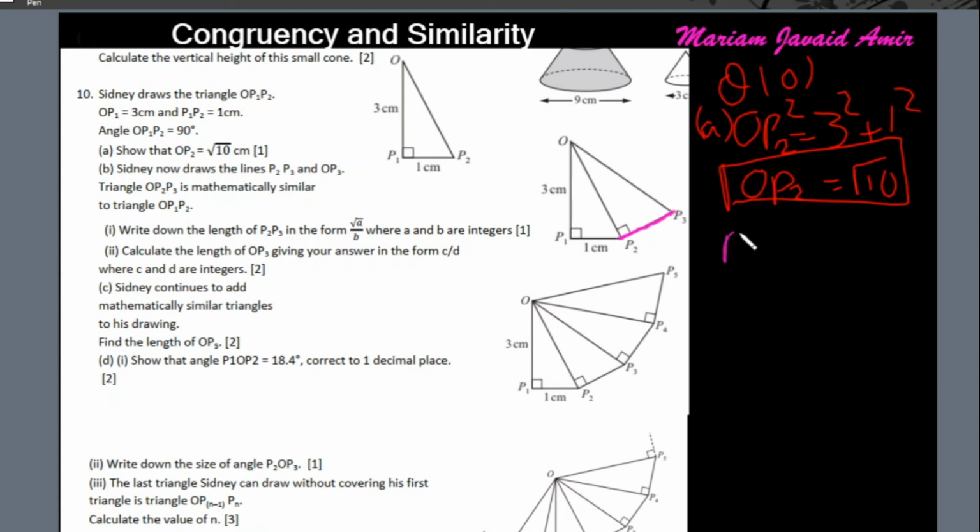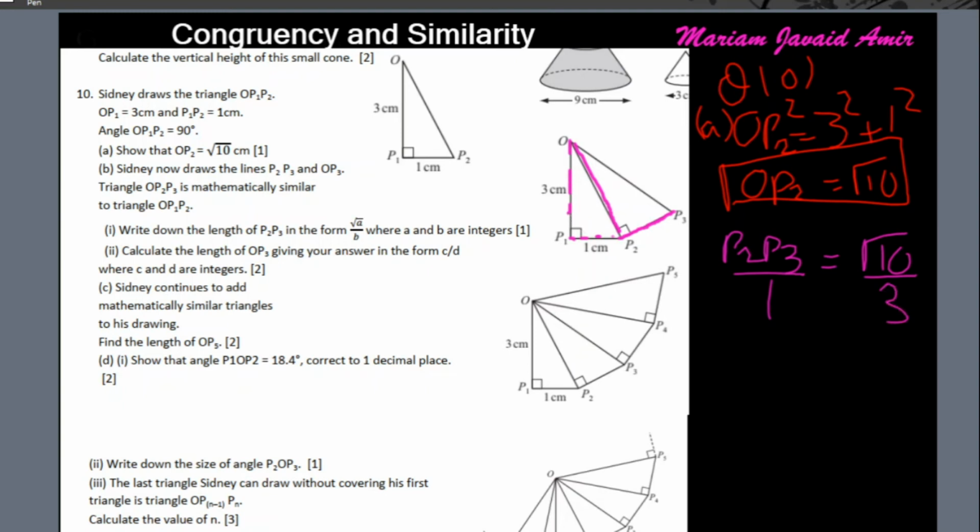So P2P3 over its corresponding length in the previous triangle, that is 1, equals the length of the new triangle, which is under root 10, over the corresponding length in the previous triangle, which is 3.